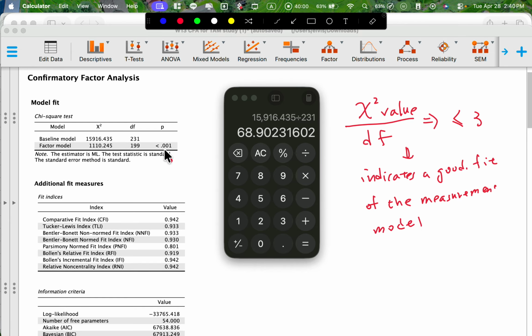But based on the result here, 60 is quite large, so it's not a good fit for the measurement model. But it's okay.